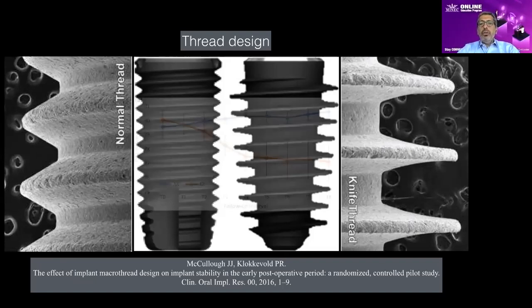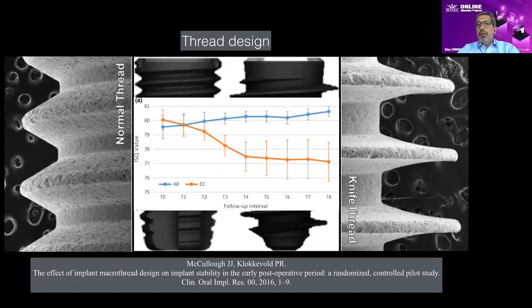And you see that when these authors followed up the healing of these two implants, the blue implant, the Ridge implant with the knife thread design, had a primary stability that was maintained over time and a secondary stability that was gained very quickly.